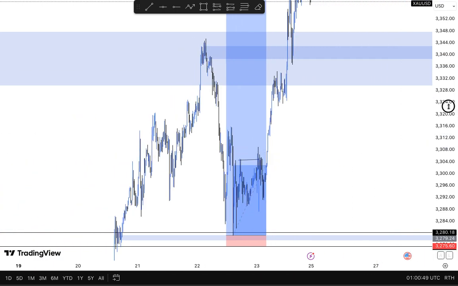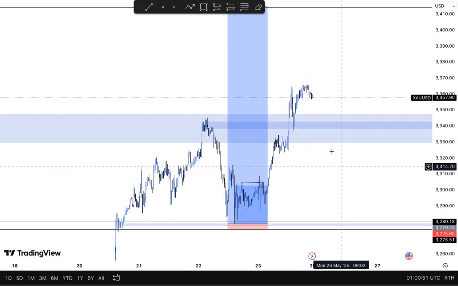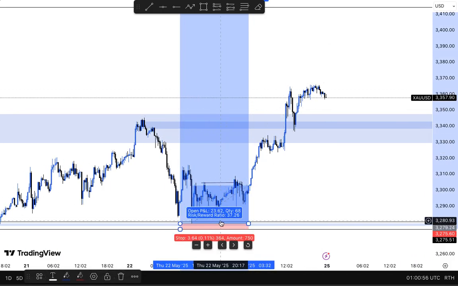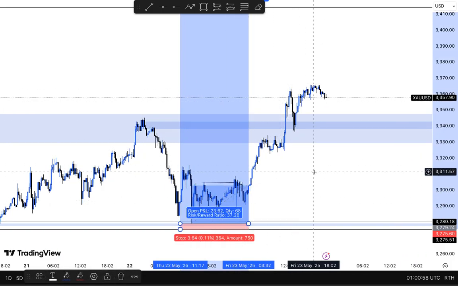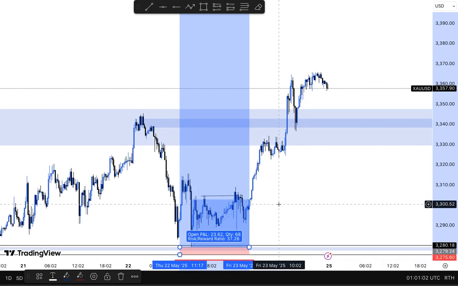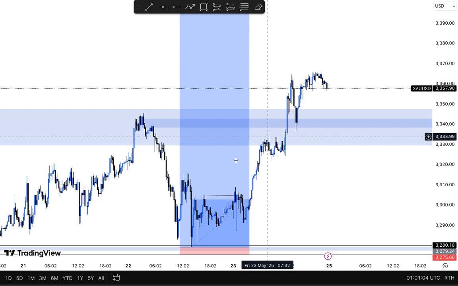So let's see how you had been able to catch another buy trade from this continuation. Let me switch to the 30 minutes time frame.